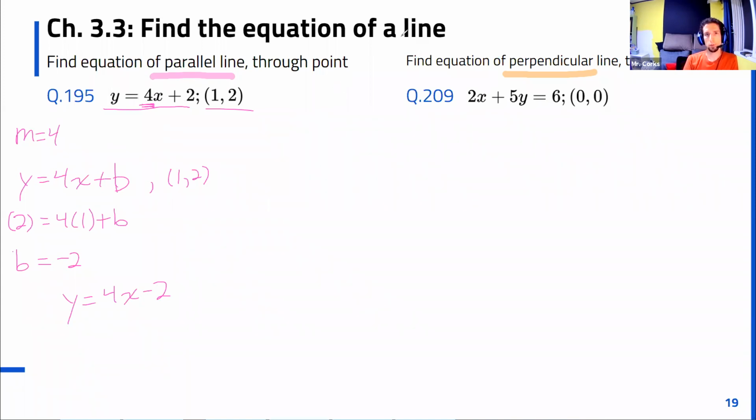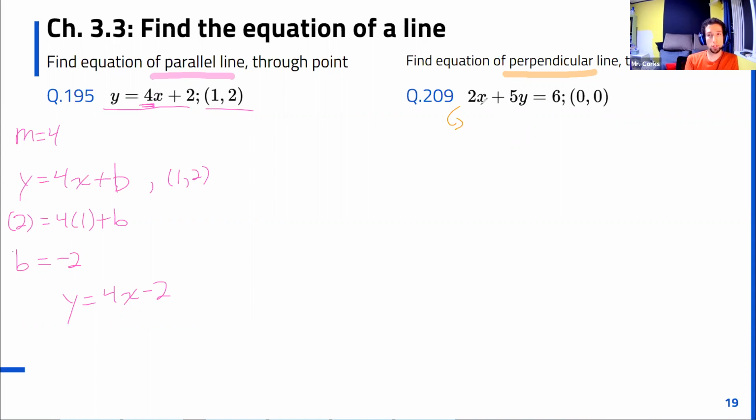Let's take a look at the 1 on the right here. We might have a little more work to do in advance here. What's the first thing you want to do with this problem? Convert the equation to slope-intercept form. Okay, slope-intercept form.